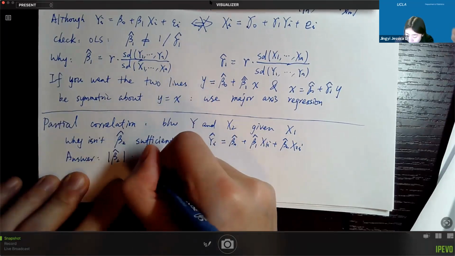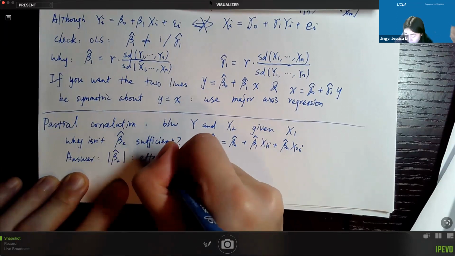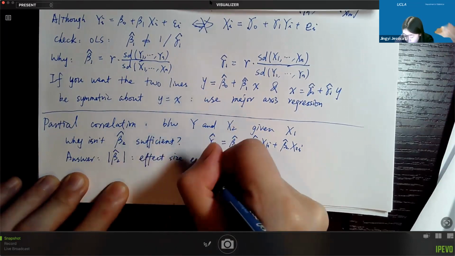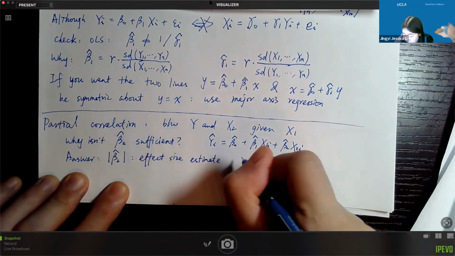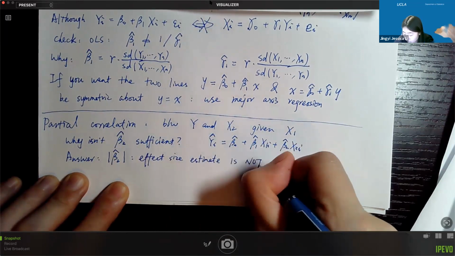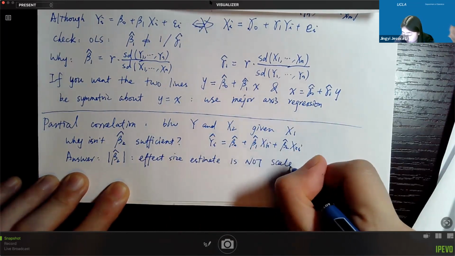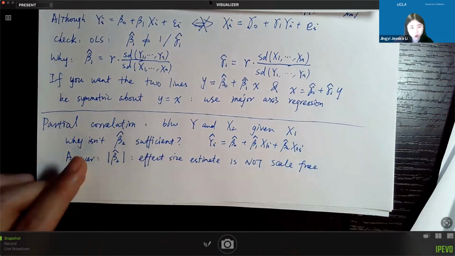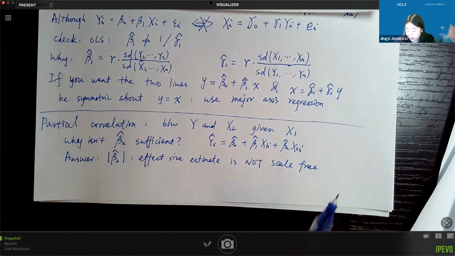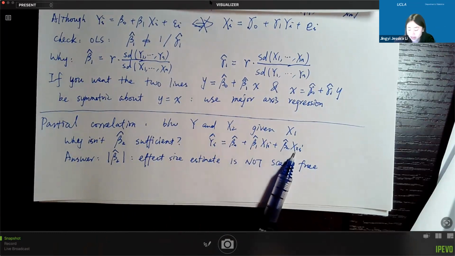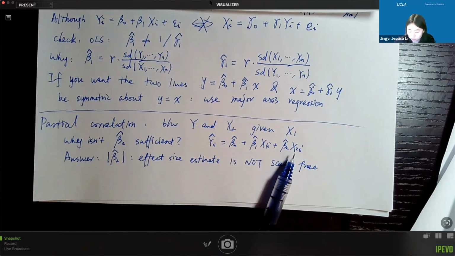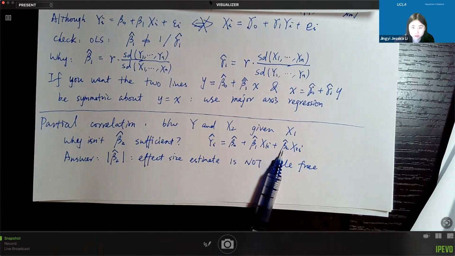This effect size estimate is not scale free, unlike our correlation coefficient, which means you can imagine if I just multiply my x2 values by 10, then correspondingly the beta 2 hat will be divided by 10. So it will change with the scale of your measurements.